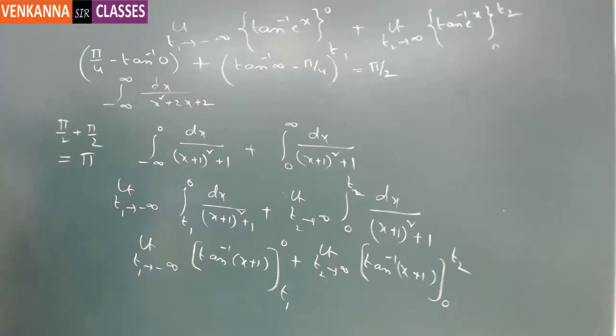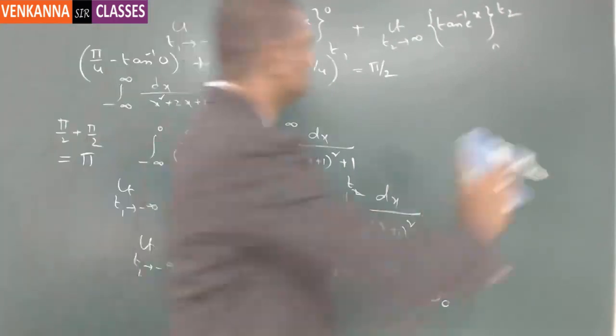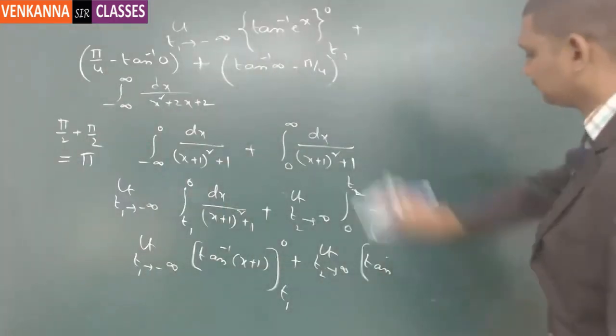Right. So let us begin with the second kind improper integrals. That is, the interval is finite, but the function has discontinuity or the function is undefined at some points.